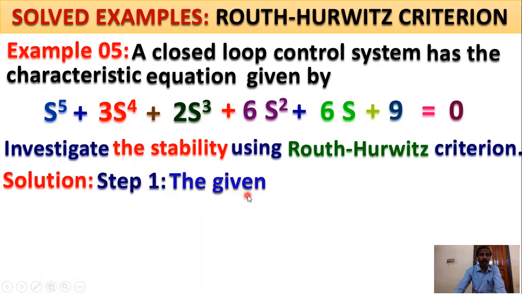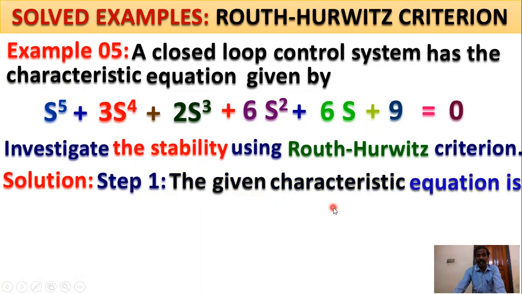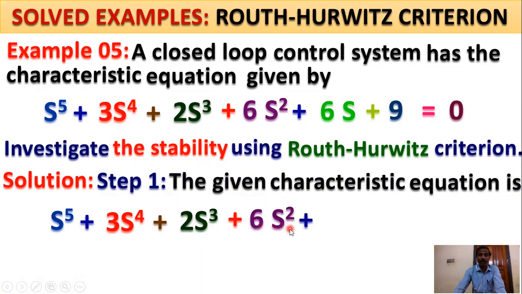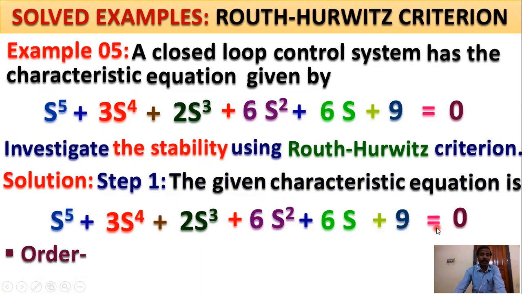Step number 1. The given characteristic equation is s to the power 5 plus 3s to the power 4 plus 2s cubed plus 6s square plus 6s plus 9 equals 0.